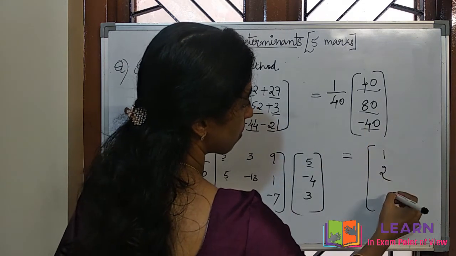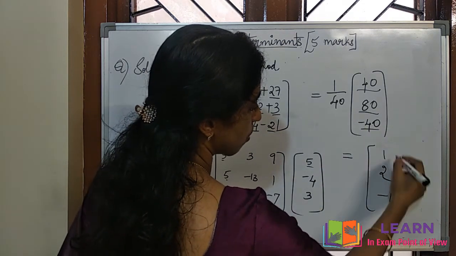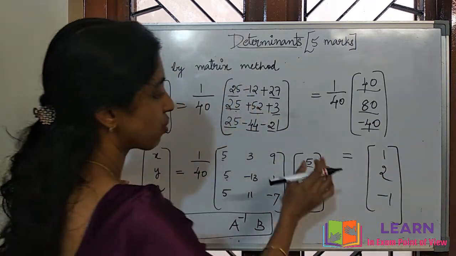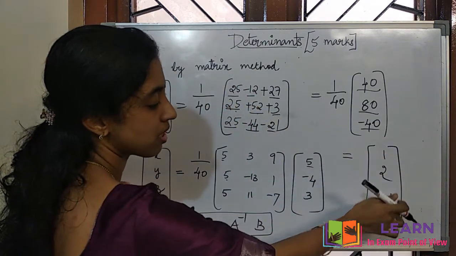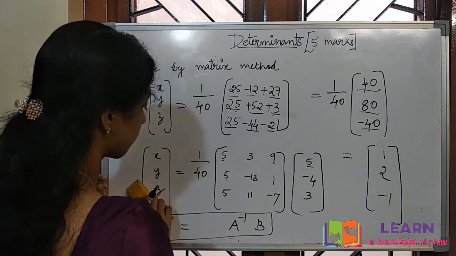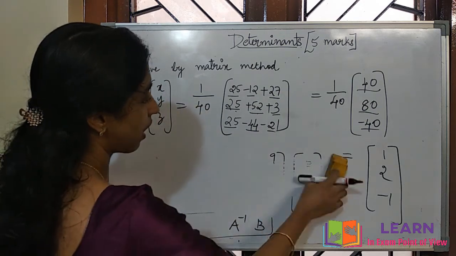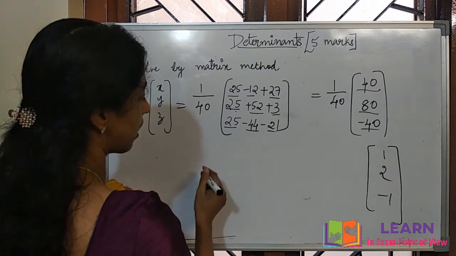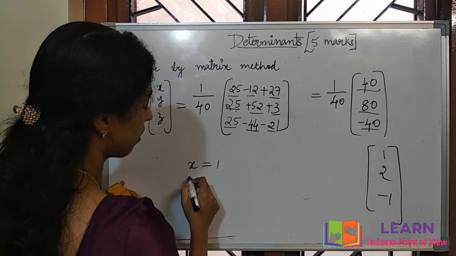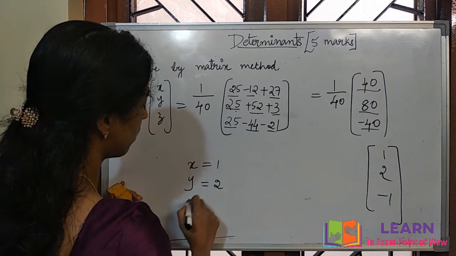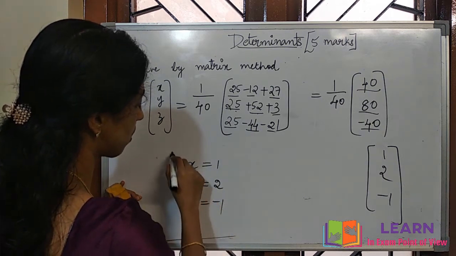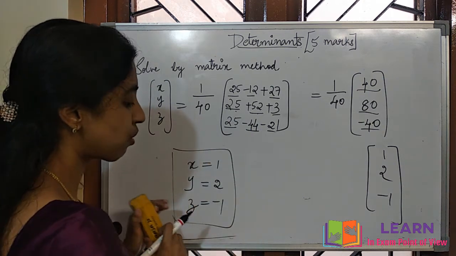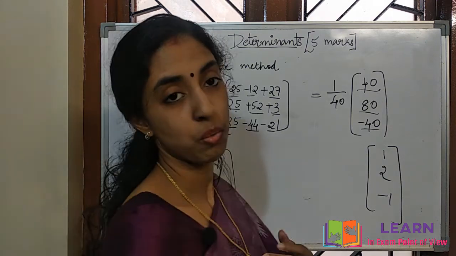Then again 40 by 40, the negative sign is there, so negative 1. So this is actually the value of x, y, z. So the final answer is the solution for x, y and z. That is, x is 1, y is 2, and z is minus 1. This is the solution of the system of linear equations.